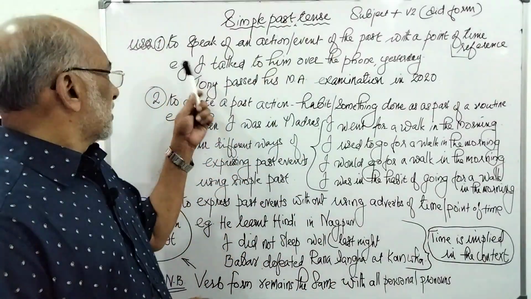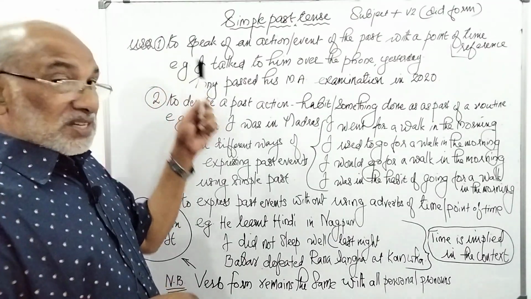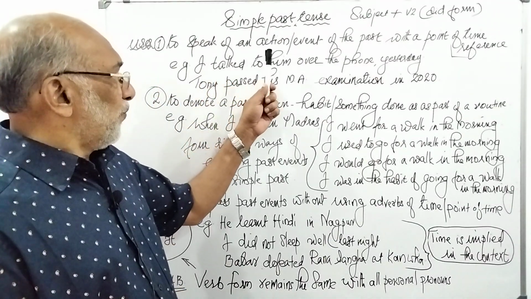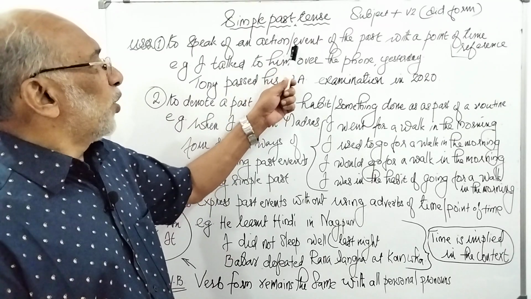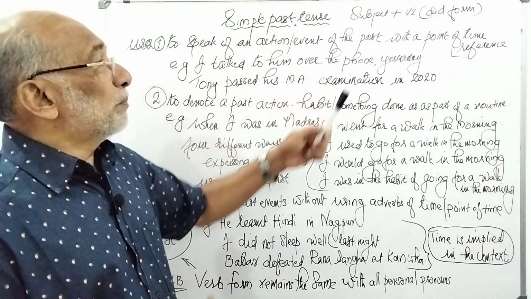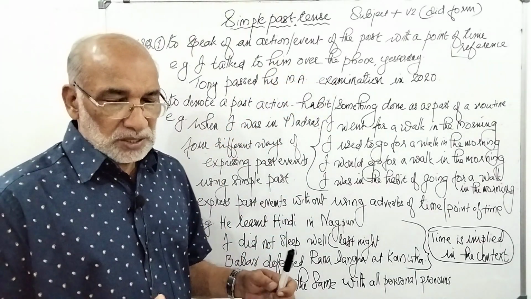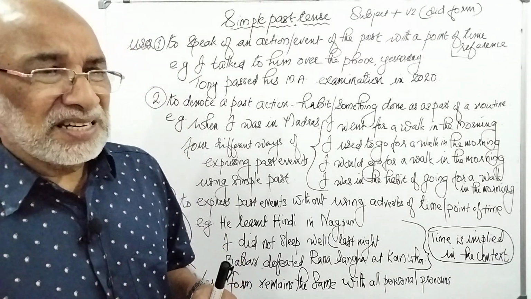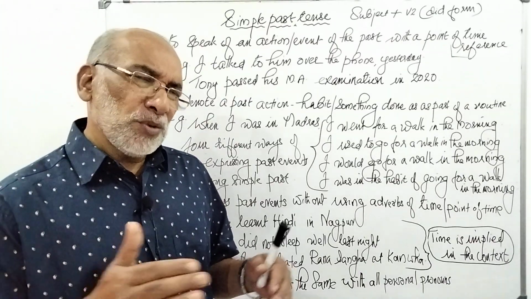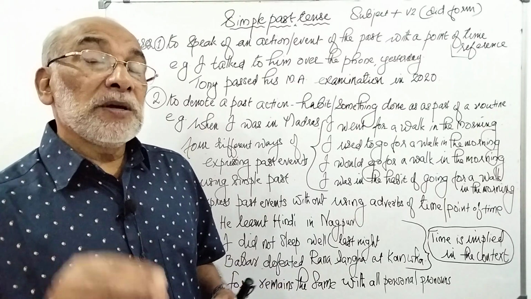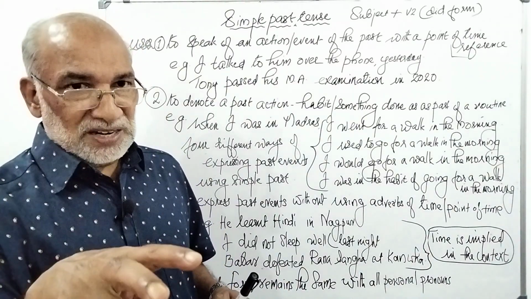Coming to the uses, the first use is to speak of an action or event of the past with a point of time reference. When we use simple past tense, in almost all the cases, there will be a point of time reference.